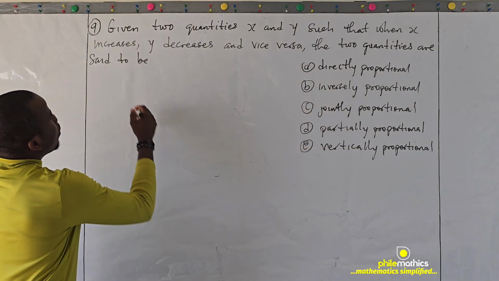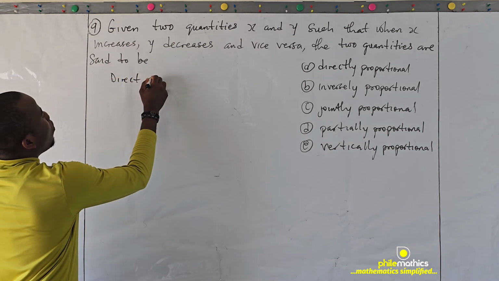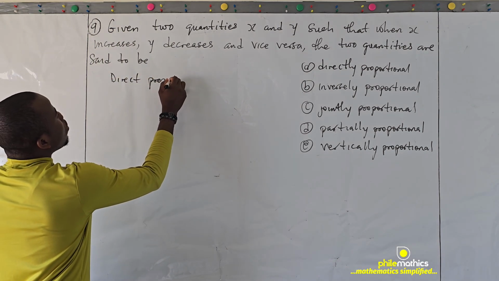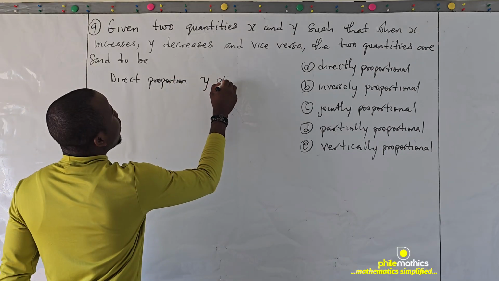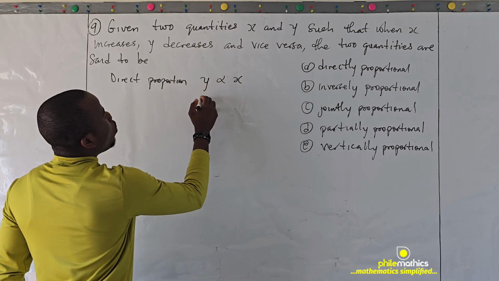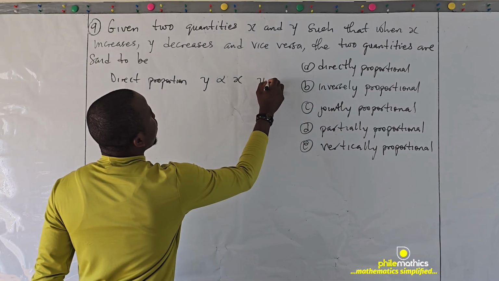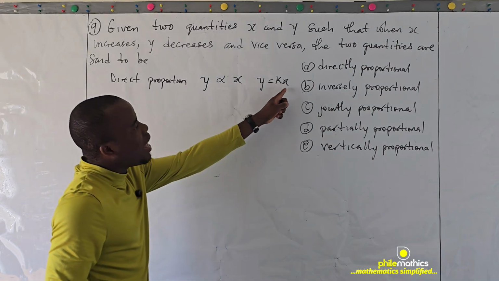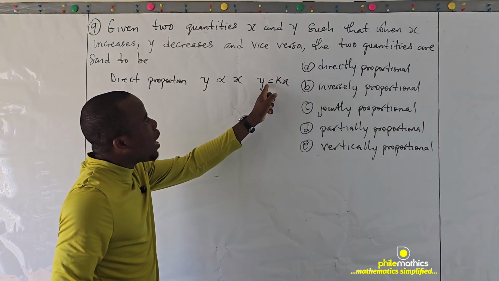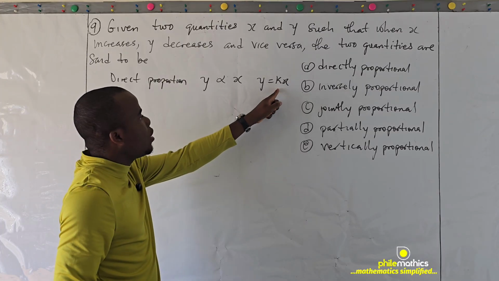So direct proportion is when, let's say, y varies with x. And so when we introduce the constant of proportionality, we say y equals kx. So in this case, as x is increasing, y is increasing by a constant of proportionality.